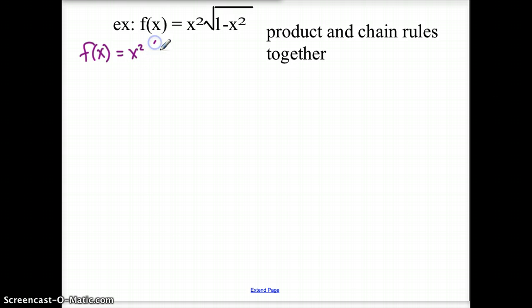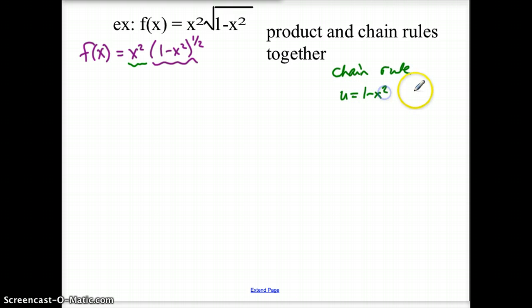So let's rewrite the square root as a power. So here's my product rule, these two pieces, and then this part is the chain rule. You can set up either one first. I'm just going to set up the chain rule first. So the inside of the chain rule is 1 minus x squared, and the outside of the chain rule is u to the 1/2.